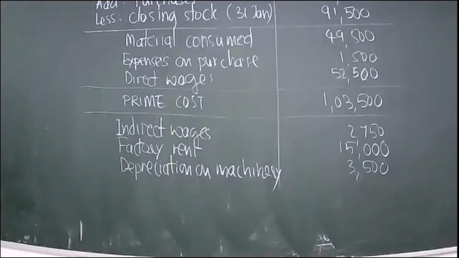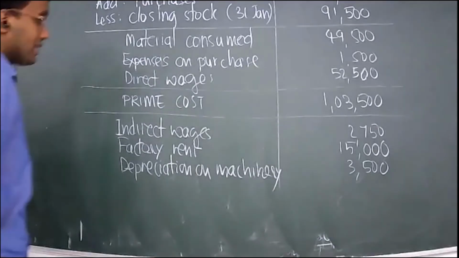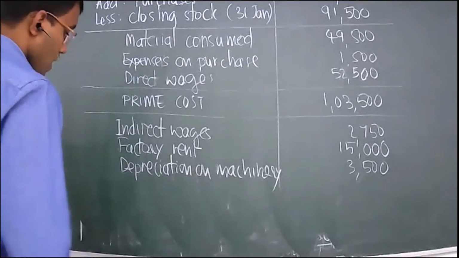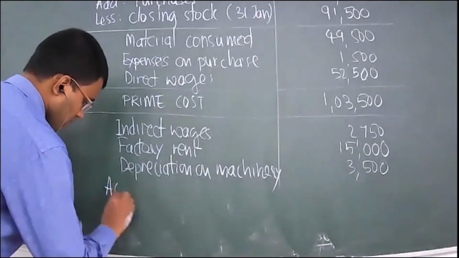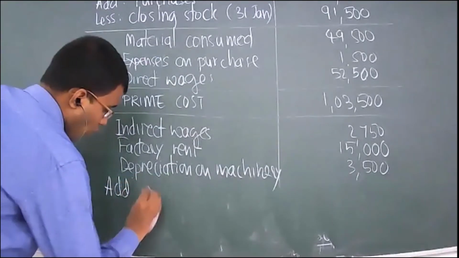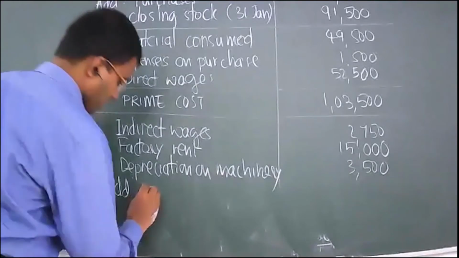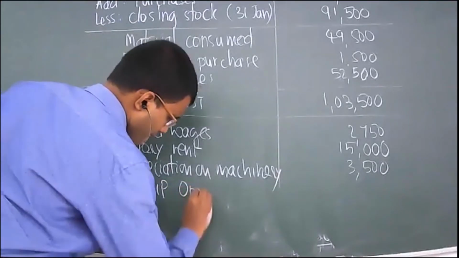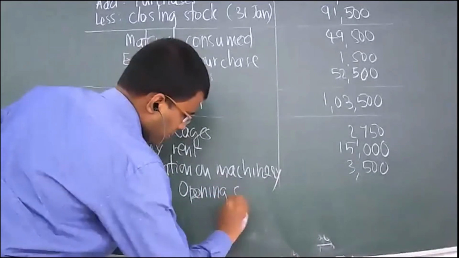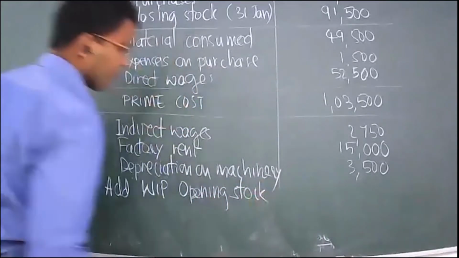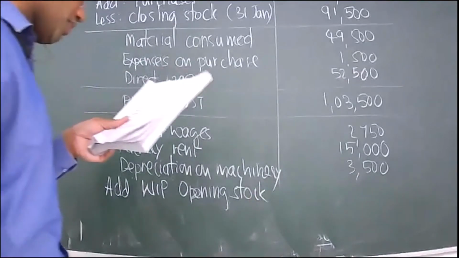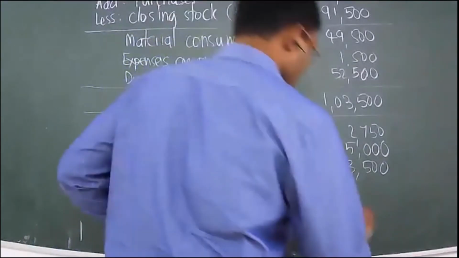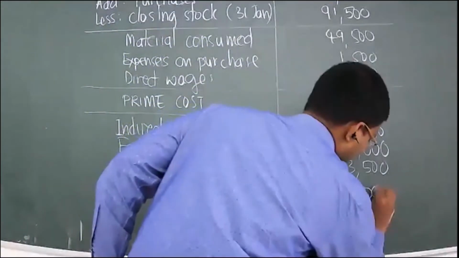Now, one important thing that you have to remember here is, in this particular question, we have been given the opening stock of work in progress, that works out to be 28,000.